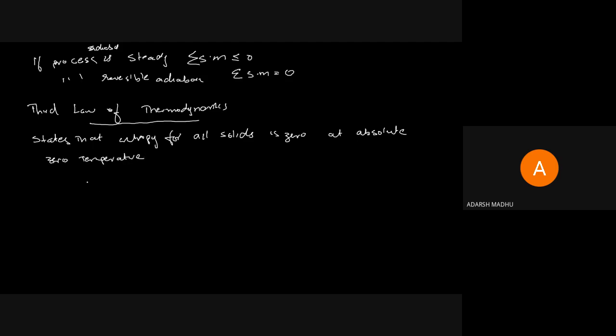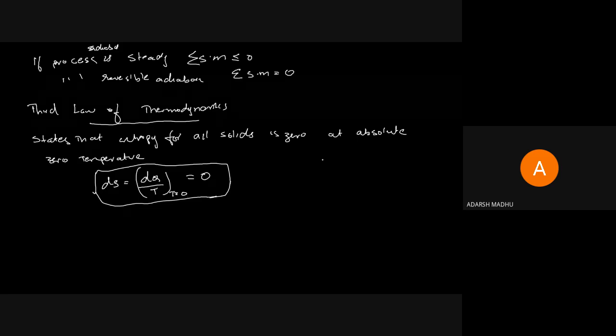Okay, we can note it simply: we can write the equation as ds equal to dq by T, if T equal to 0. ds equal to dq by T is the general equation for entropy, at T equal to 0, which means absolute temperature. dq is the change in heat and T is the absolute temperature.